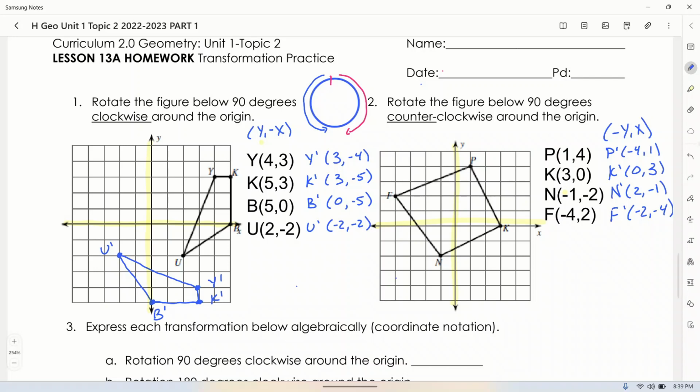And we just go ahead and plot those points. So we're going to go transformed p. Let's go get our transformed k, so 0, 3. Transformed n should be over here. And transformed f down here. And we just connect the points.